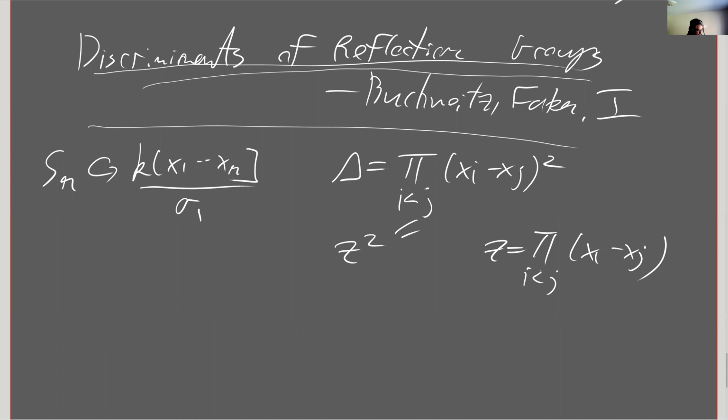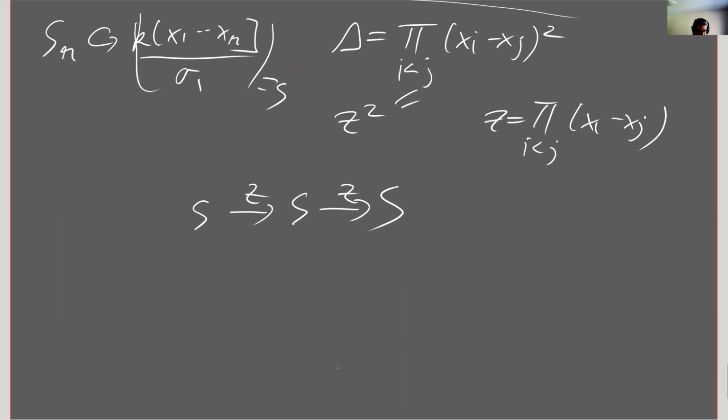All right, so now we're going to take this guy here. We called him S, and so we have S going by z to S going by z to S. And this is isomorphic to R, the fixed ring, R to the S_n, the n factorial.